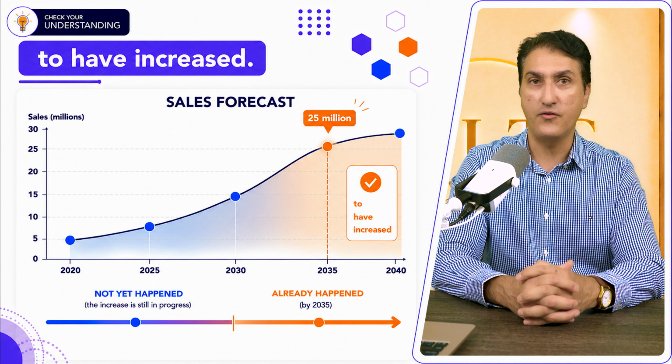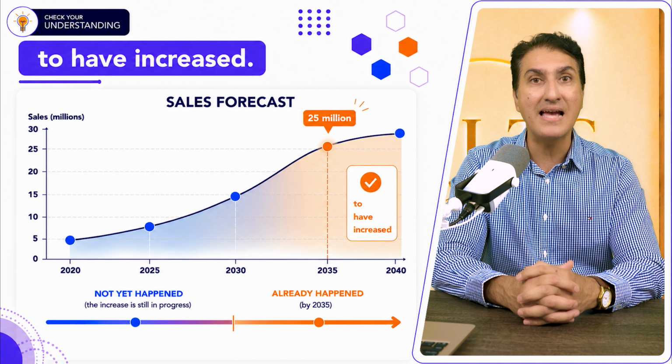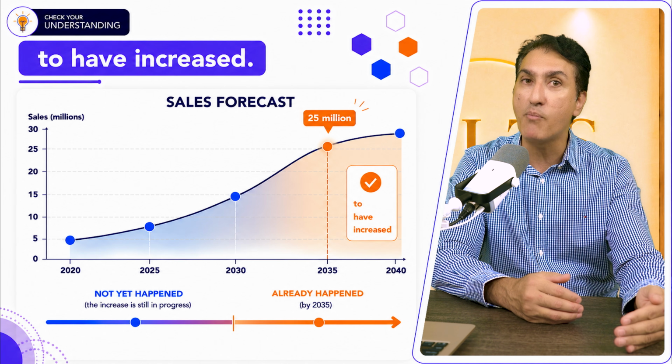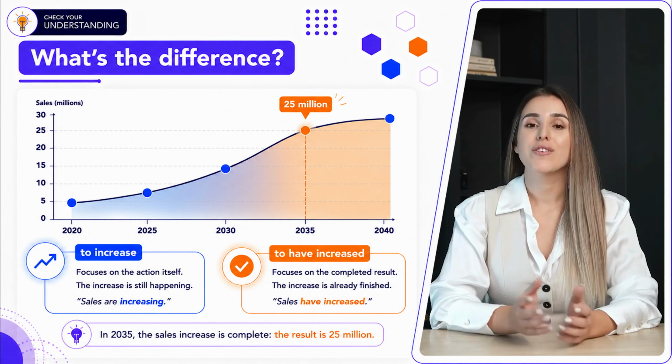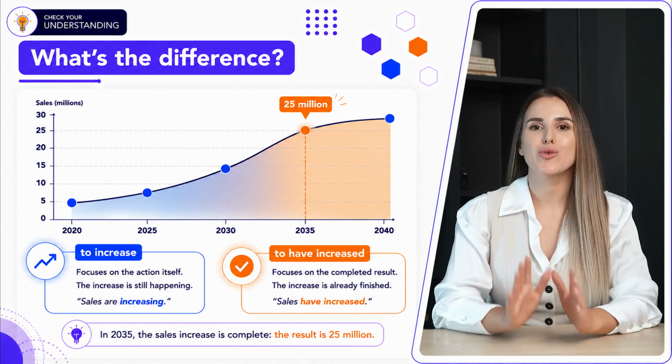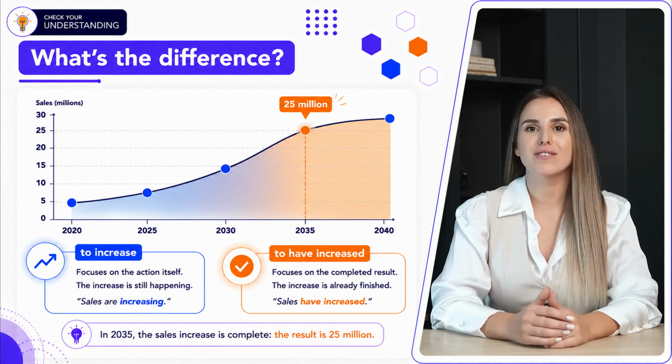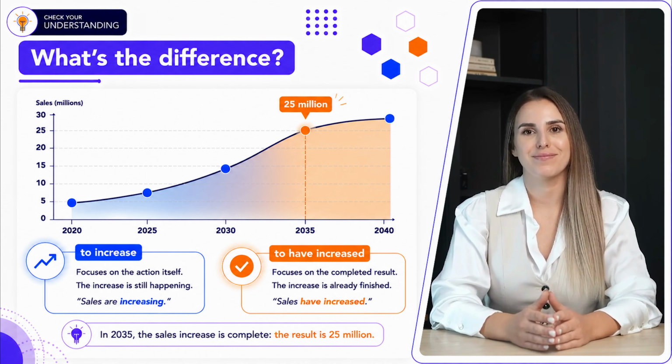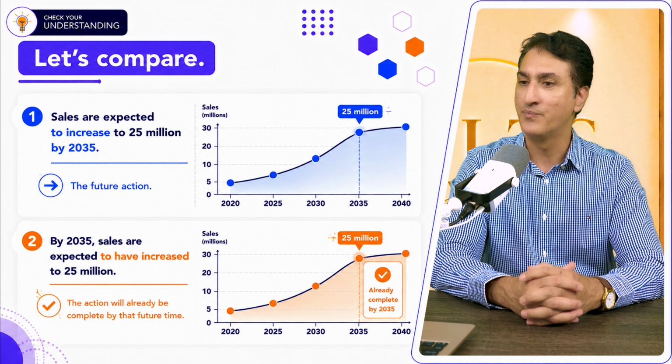We are looking at a future point and saying the action will already be complete by that time. So, to increase focuses on the action itself, but to have increased focuses on the completed result. Exactly. That's the difference. Now let's compare the two sentences.